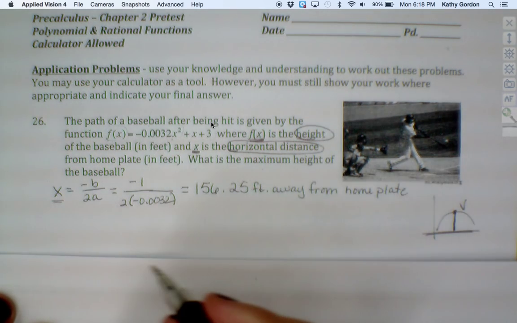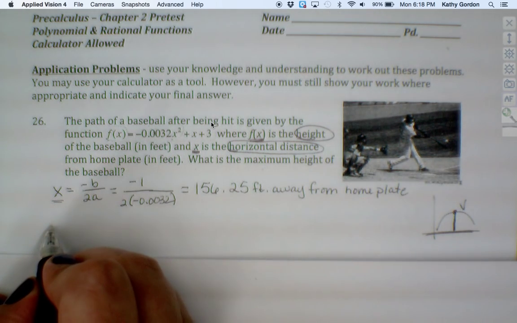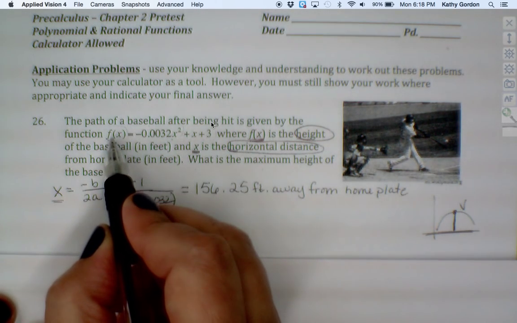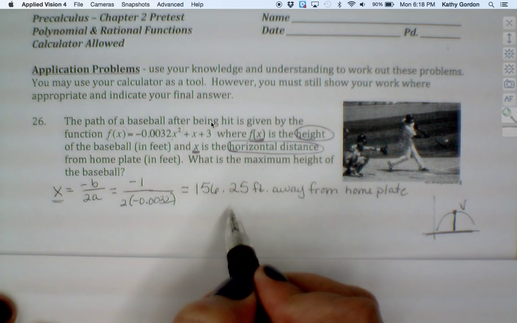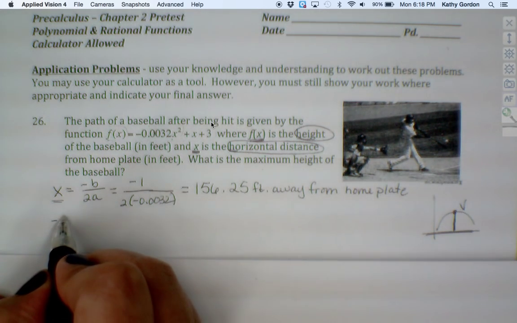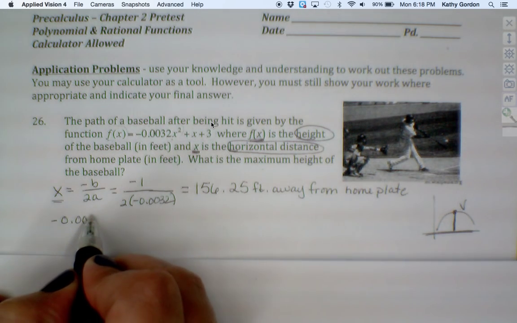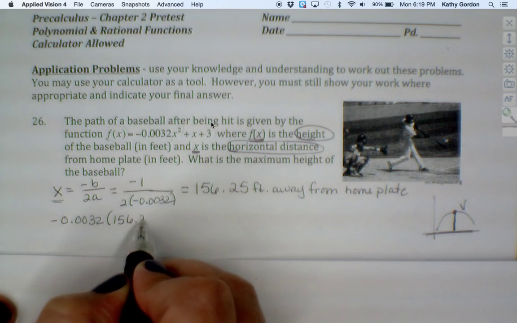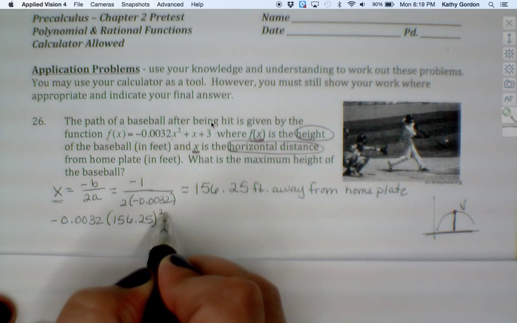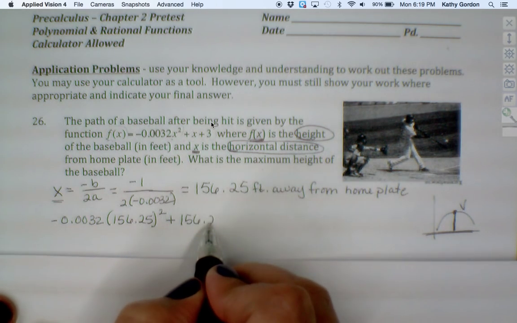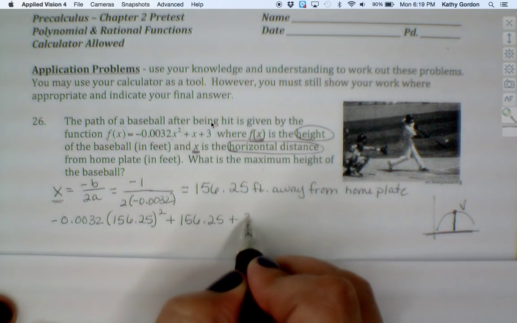So now we need to go back and figure out the y, or f of x, that we get with this value of x. So that means taking negative 0.0032 times 156.25 squared plus 156.25 plus 3.